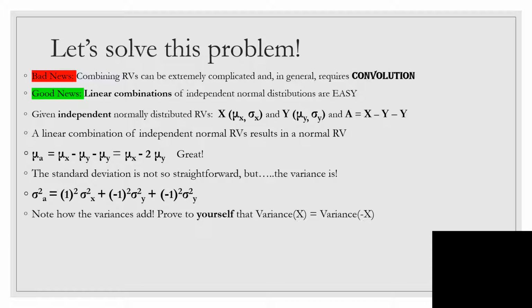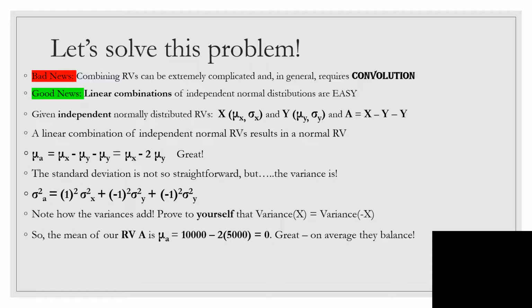Ooh, that was easy. Note how the variance is added. Prove to yourself that variance X is equal to variance minus X, and you'll understand why they add, and I'll be glad to address that in the doctoral dialogue.